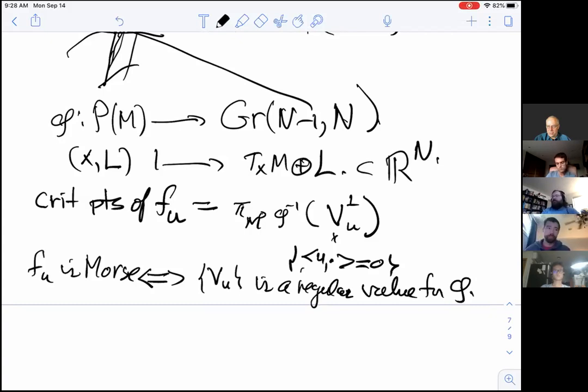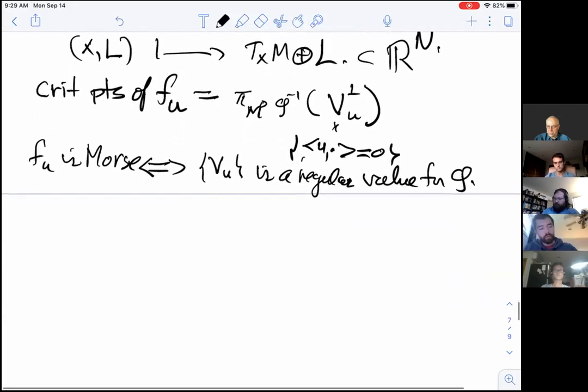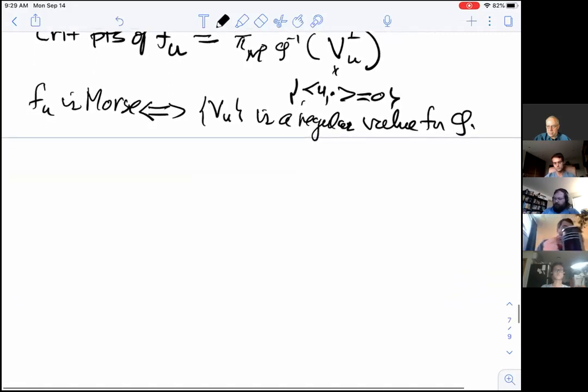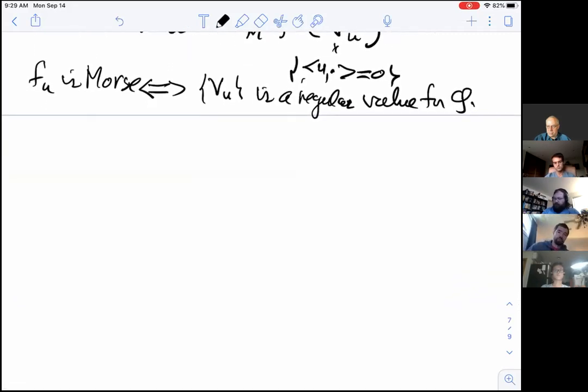So you need a perpendicular vector that's a regular value for this map, and the standard version of Sard's theorem tells you that the non-regular points, the critical points of the map, are nowhere dense, and therefore the regular points are dense, and because things are compact here, they're an open dense set. All right, so that's this finite version of Morse theory.